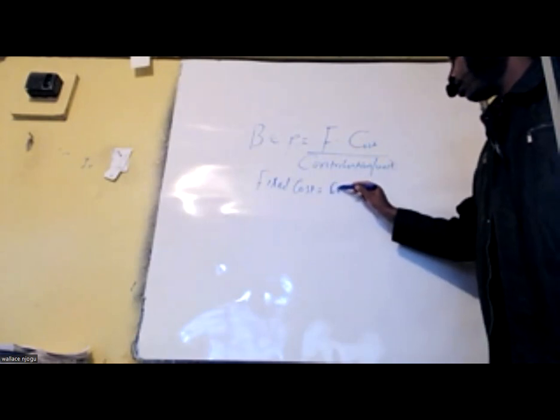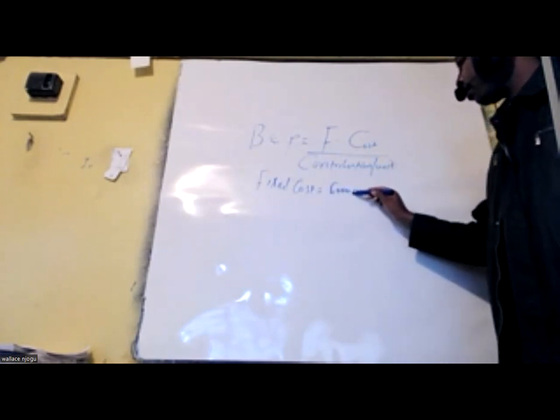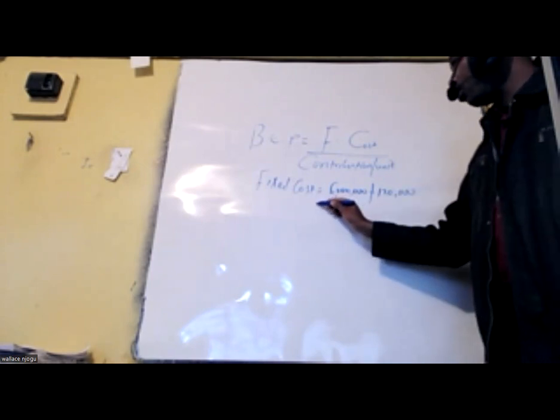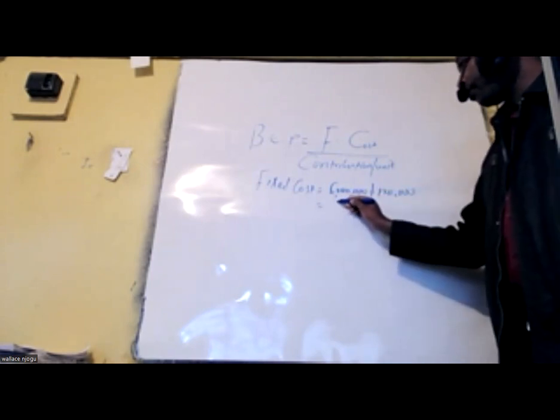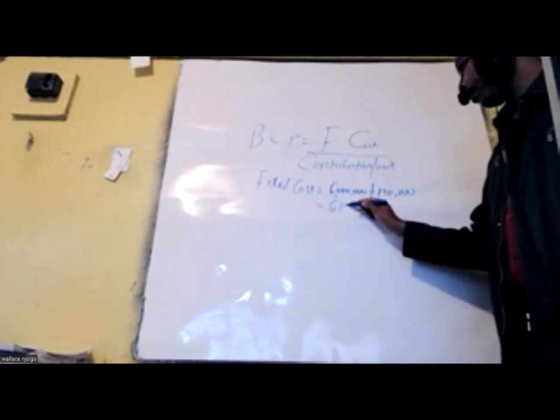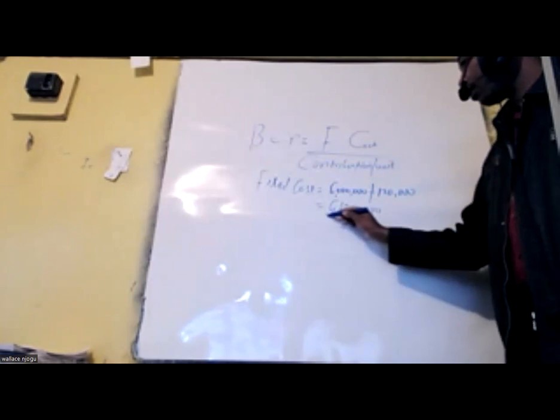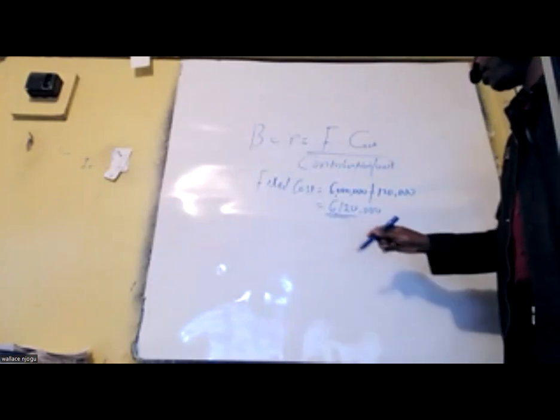We have the fixed factory overhead ya 6 million. So we have 6 million. And then we have fixed selling ya 120,000. So in total, our fixed cost is shillings 6,120,000. That is the fixed cost.